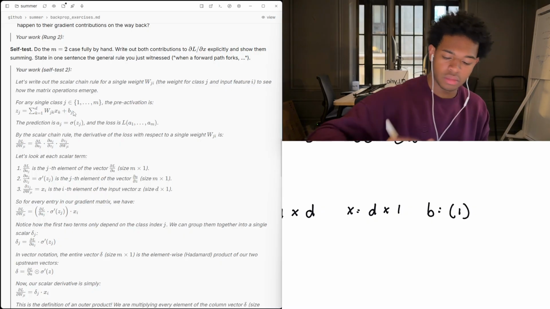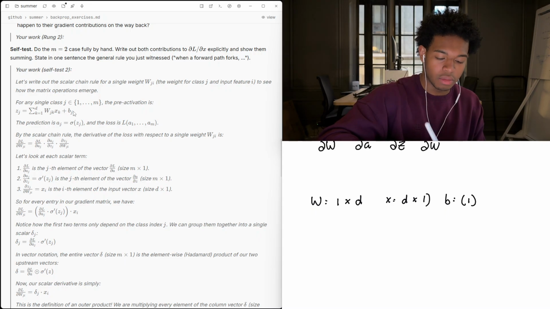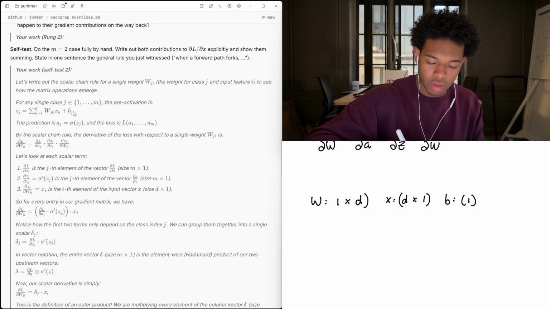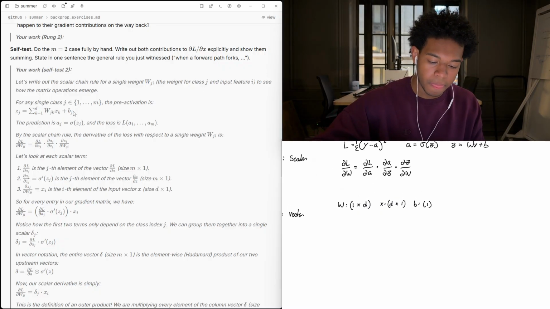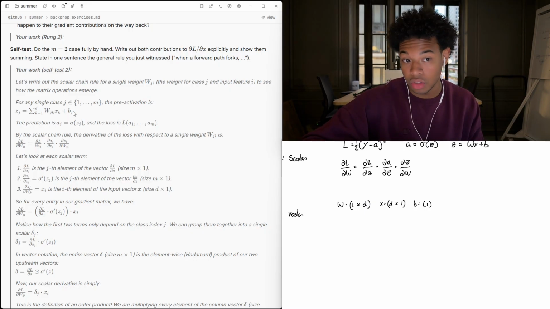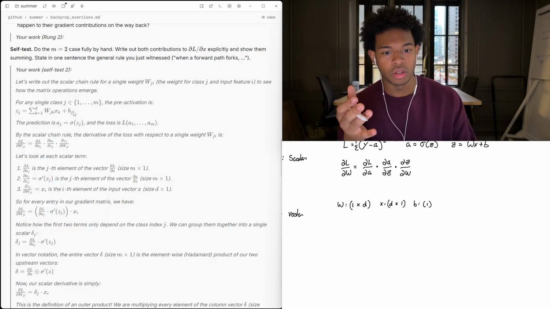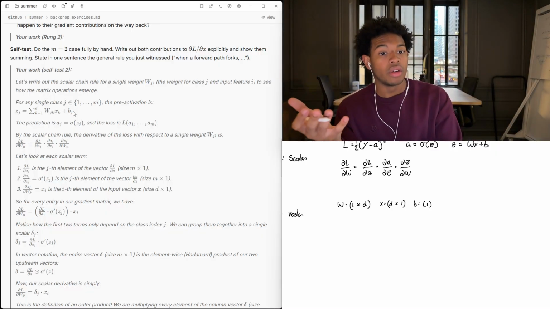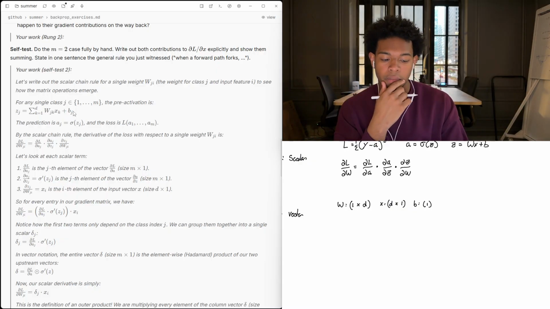Sure, we can give everything else parentheses. So that means L with respect to W must also be 1 by D. It must be, because it's L with respect to all of the contents of W.